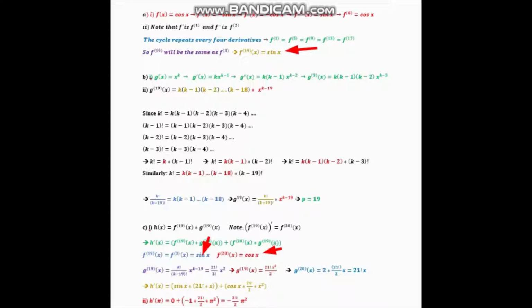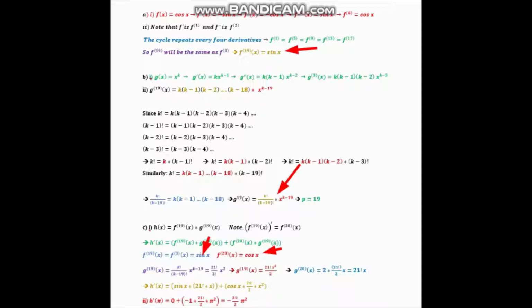Next, g19, I have an expression for that from the last part of the question, which is k factorial over k minus 19 factorial multiplied by x to the power of k minus 19, right?